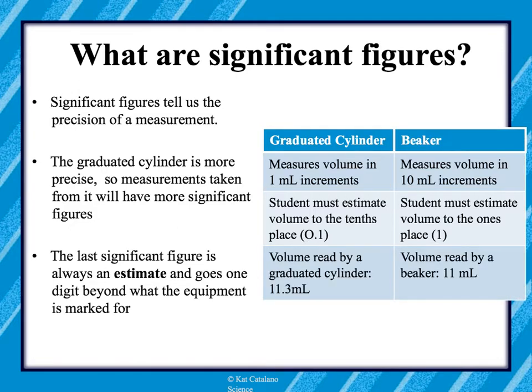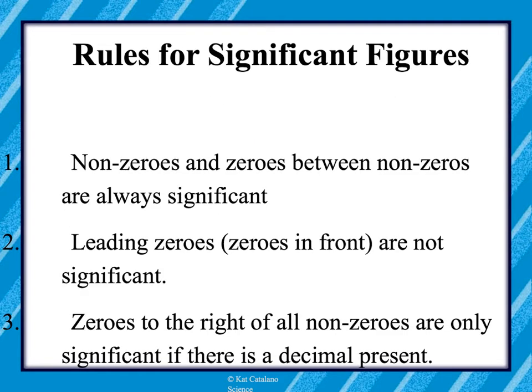So for a graduated cylinder, you would read the volume as 11.3 milliliters, compared to a beaker, which would be just 11 milliliters. So these are a couple of the major rules for significant figures. When we say non-zero, we mean a number that is not zero. In other words, anything from 1 to 9.